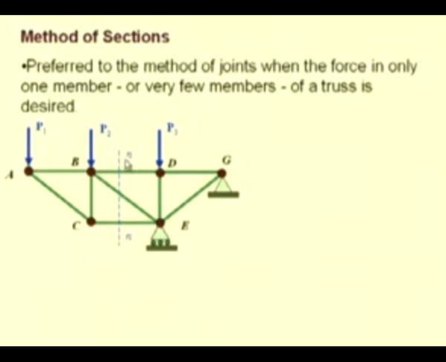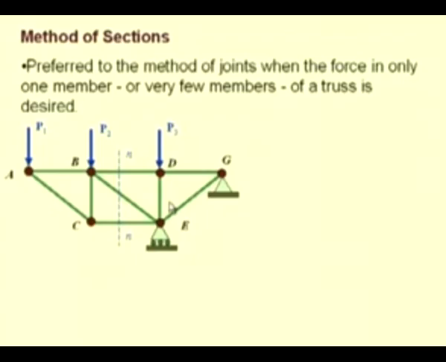Then we can consider the equilibrium of either the section ABC or the section DEG to determine these forces. But if we use the free body diagram of this portion, that is DEG, then one has to determine the reactive forces at G and the reactive forces at E.